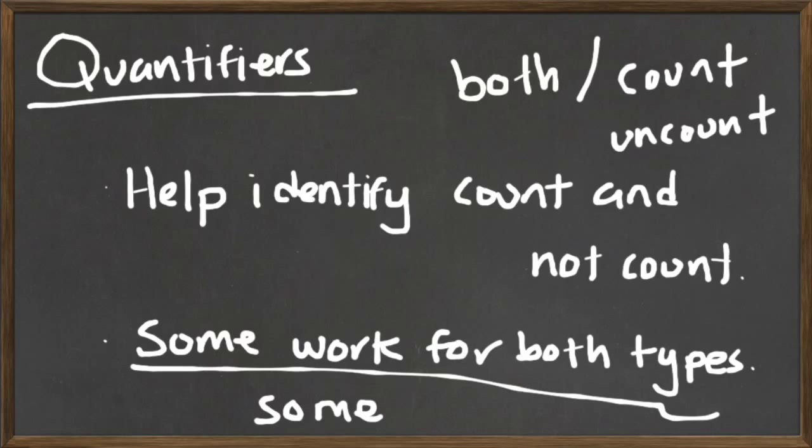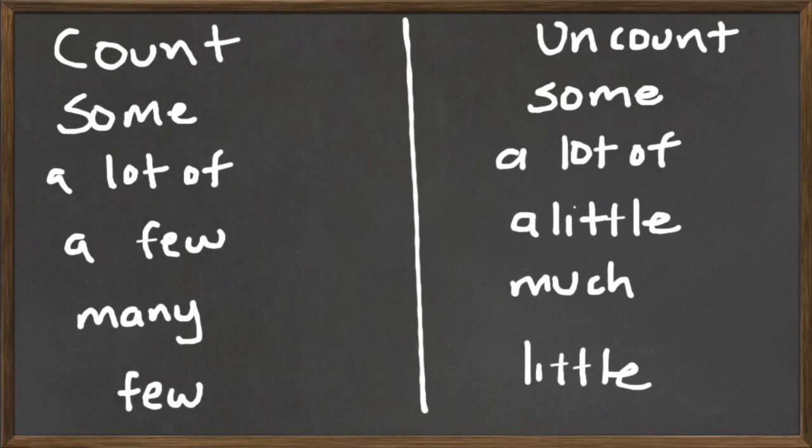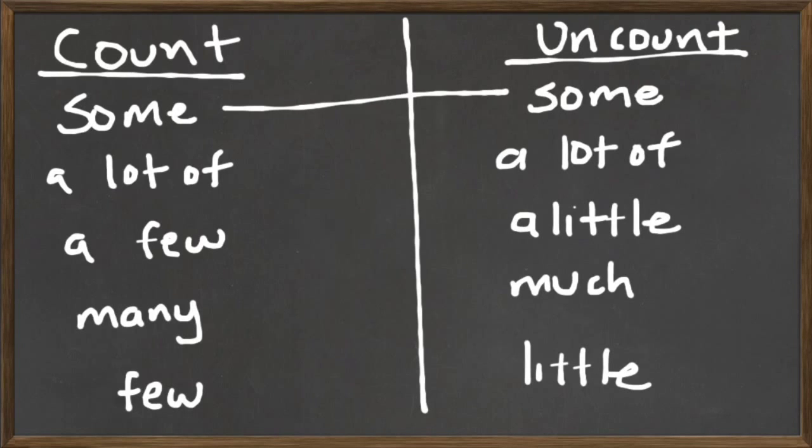Some can be used for both countable and uncountable nouns. Here are the quantifiers for countable and uncountable nouns. Some works for both: some people, which is a countable noun, or some milk, which is an uncountable noun. Another one that works for both is a lot of, for example, a lot of sugar, uncountable noun, or a lot of iPods, countable noun. Now we have some that are specific for each.